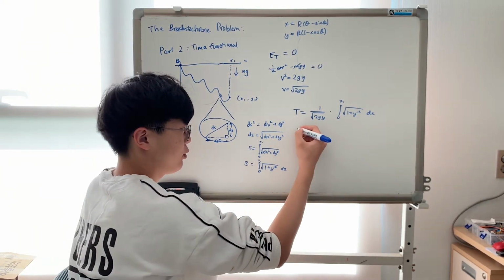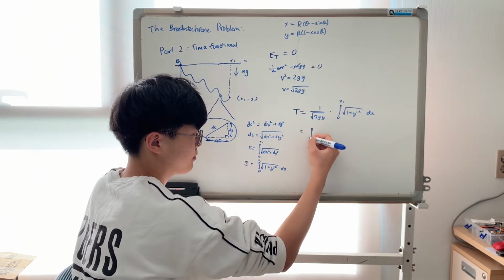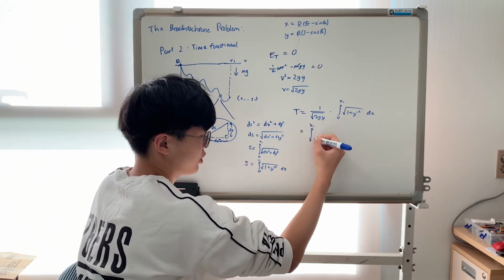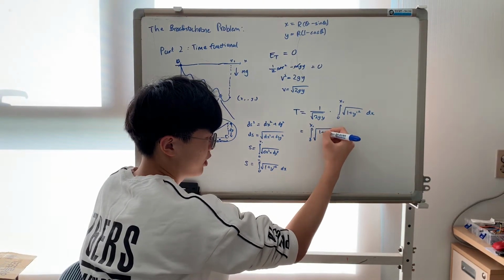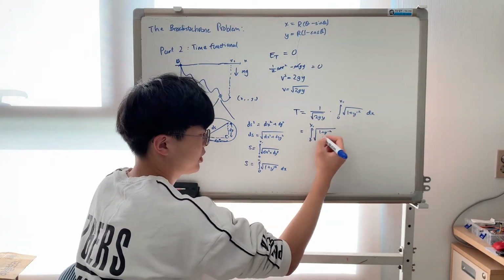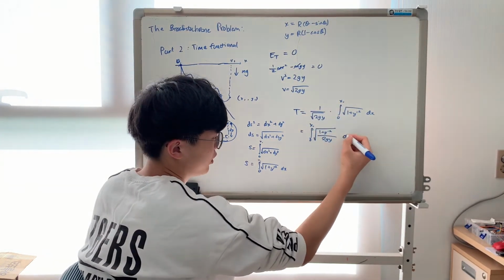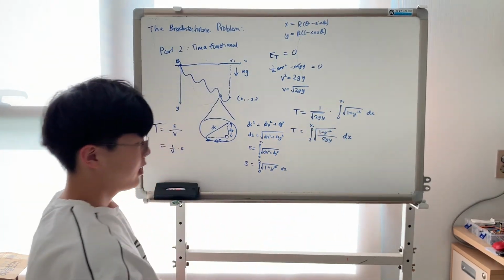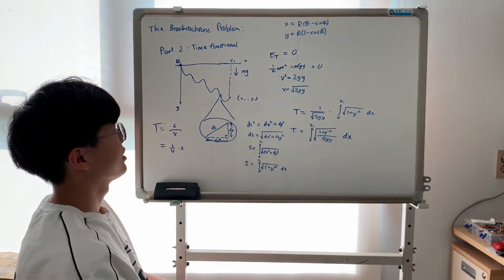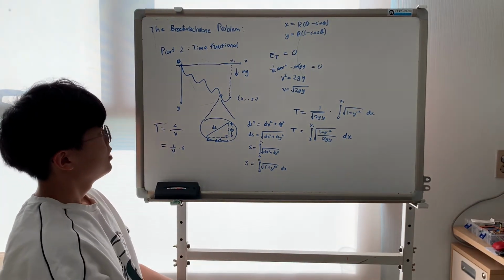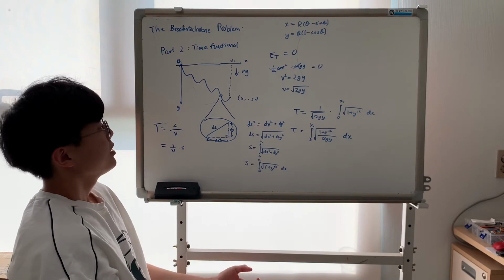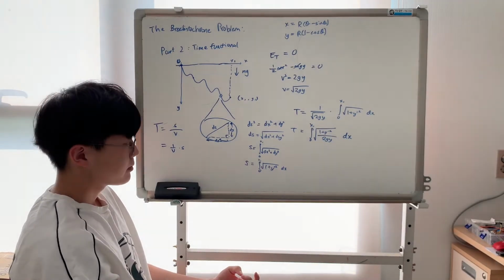And so we could say that time would be equal to this expression over here, whereby we have inputted this value into the integral and combined the root sign, and this would be the time functional of whatever we're dealing with in the Brachistochrone problem.